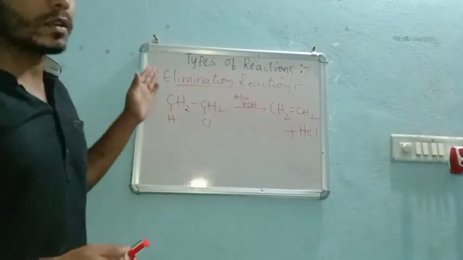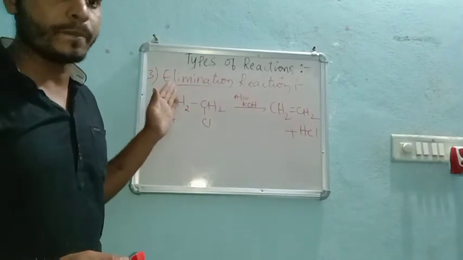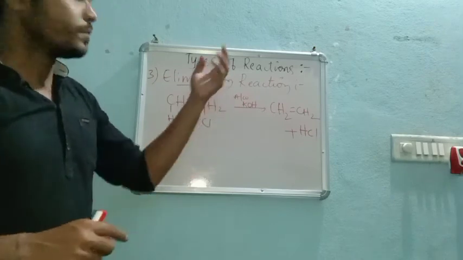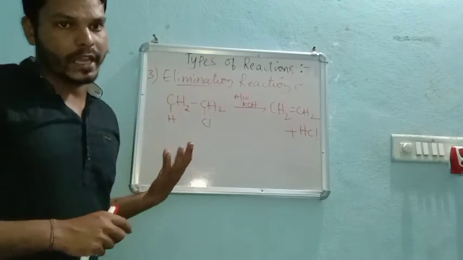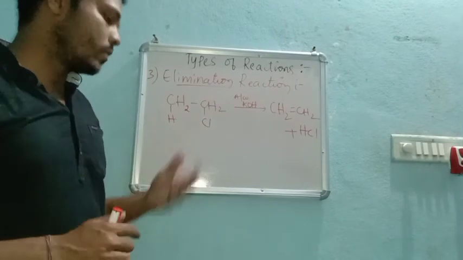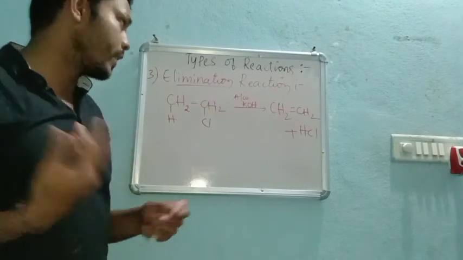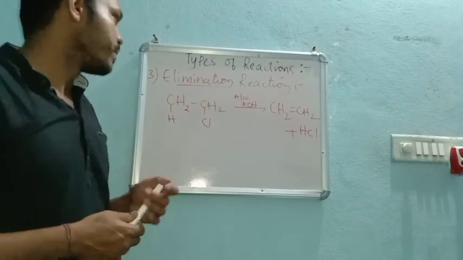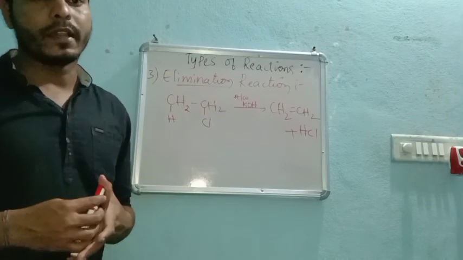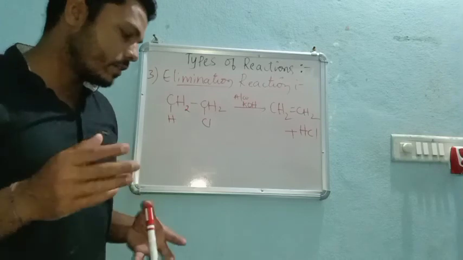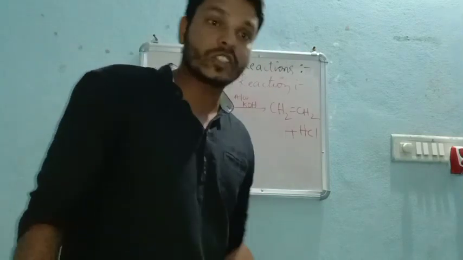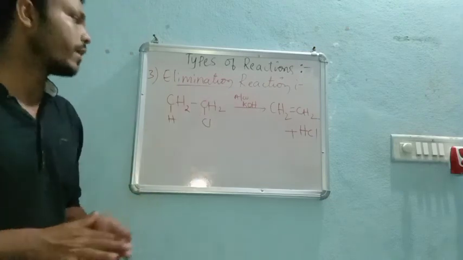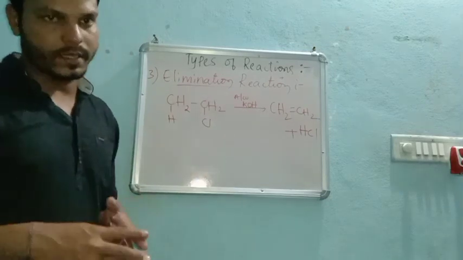Such reactions are called elimination reactions. This is exactly the opposite of the addition reaction. So check some more examples for these three reactions. In the next video, we will see the rearrangement reaction and the structure types of organic compounds. So try, students, and try to write more examples. Thank you.